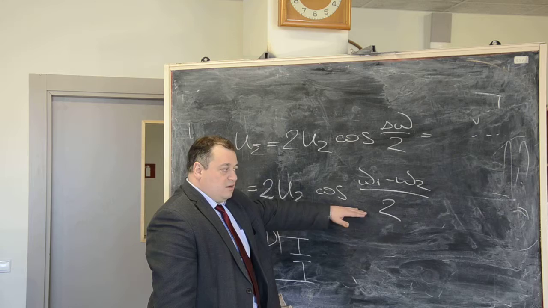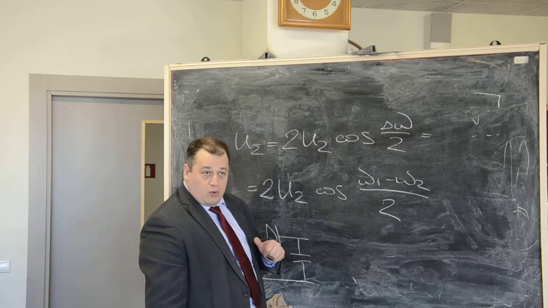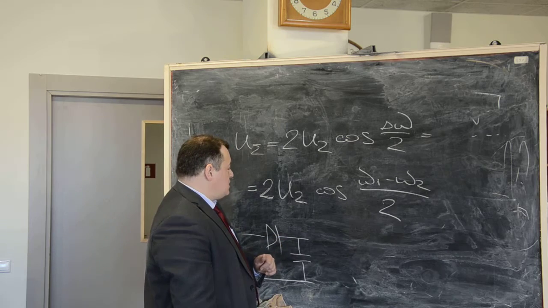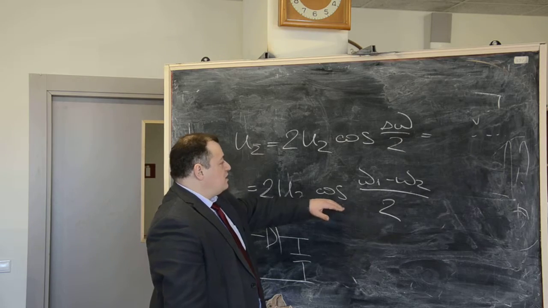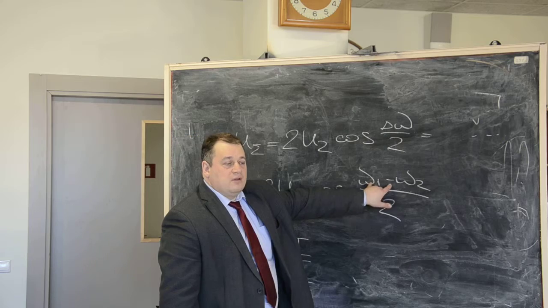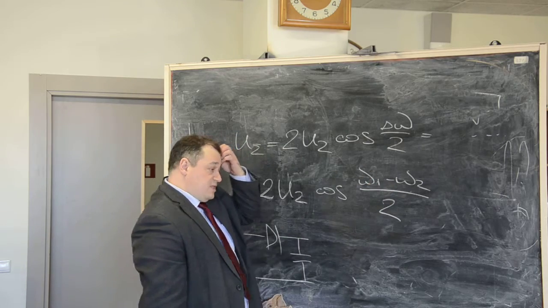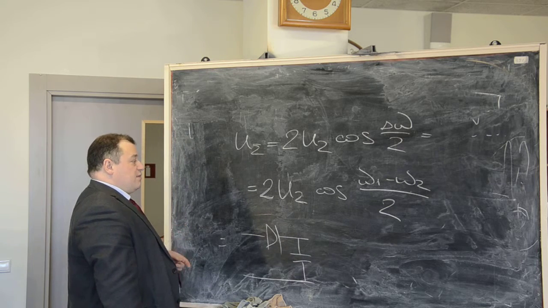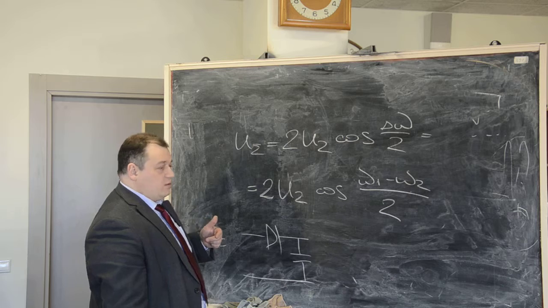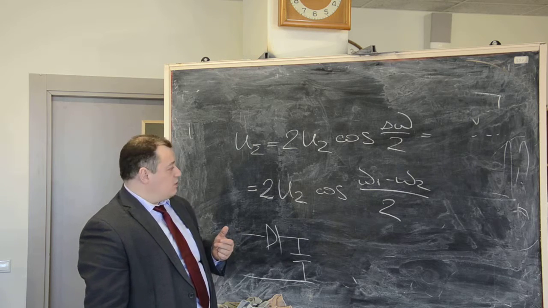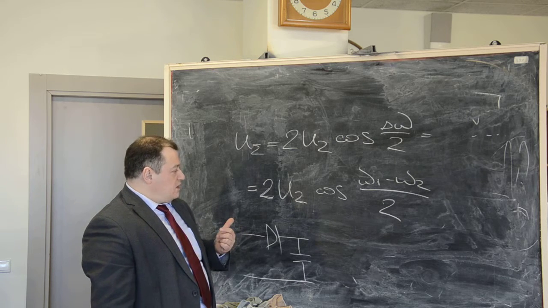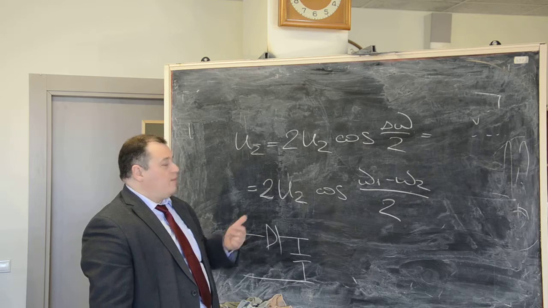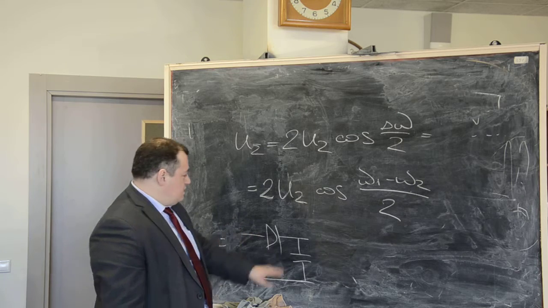We will see, and we saw, a voltage that is in fact a cosine of the frequency difference. It also may contain some original signal, in our case 500 kilohertz, and in some small quantity some 1 megahertz.